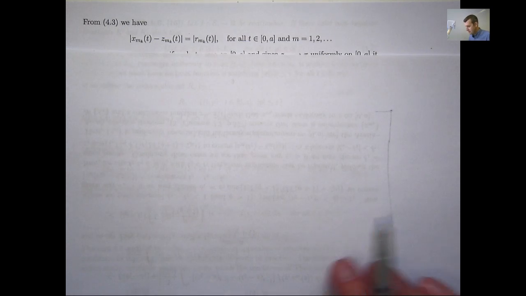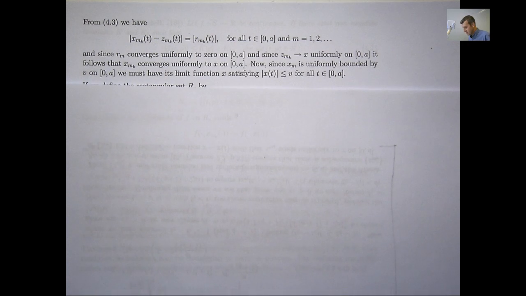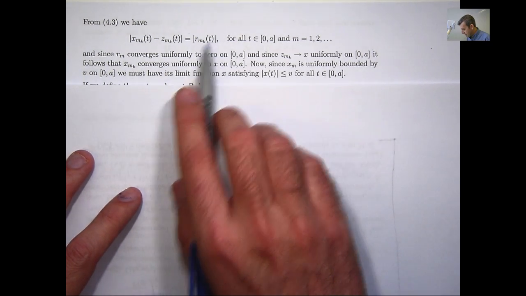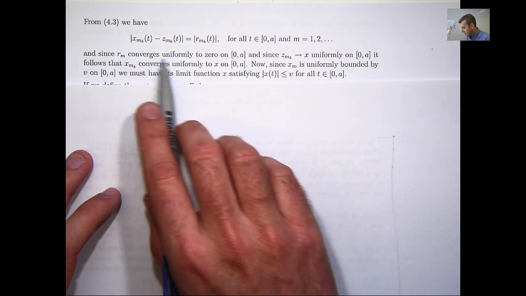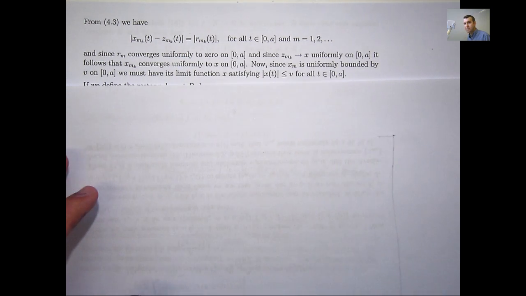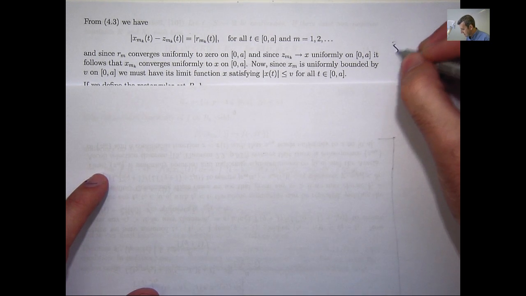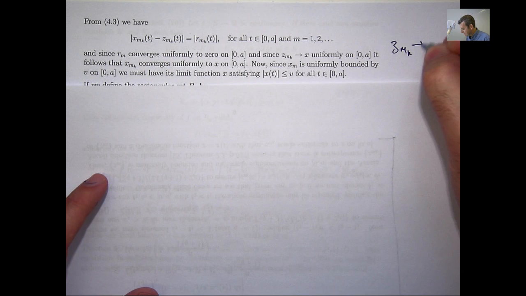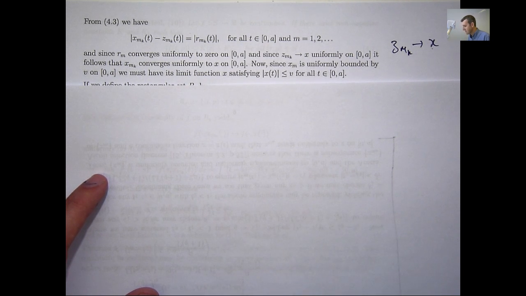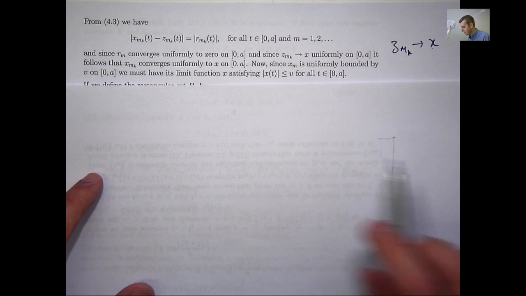Well, actually, from the relationship I just showed you here, we can see something that's quite nice now. Well, R sub m converges uniformly to 0 because it's bounded by the convergent epsilon sub m's. And we know that Z sub m sub k converges to some continuous function uniformly on the interval.